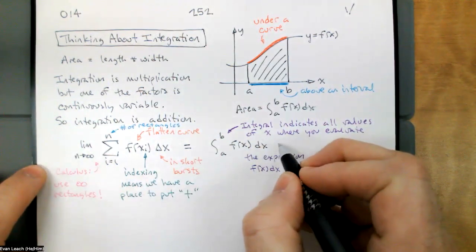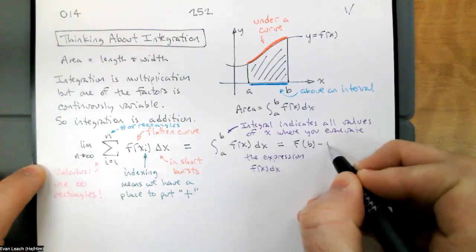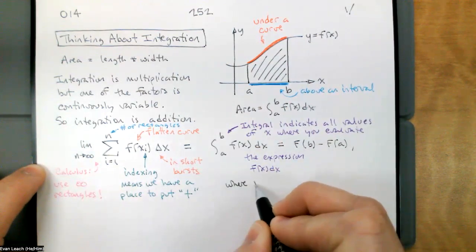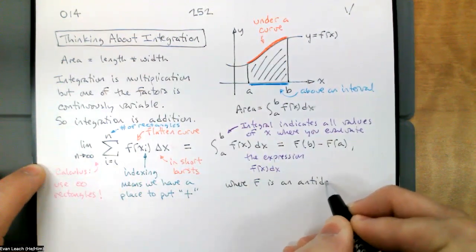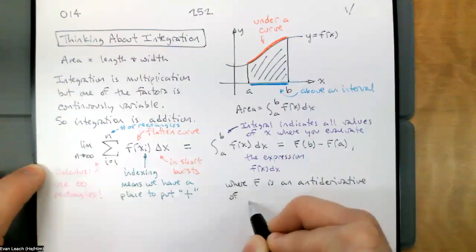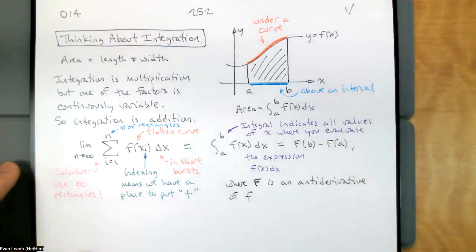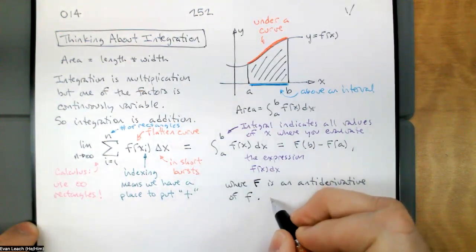So this expression here, according to the fundamental theorem of calculus, is capital F at B minus capital F at A, where capital F is an antiderivative of little f. And that's our fundamental theorem of calculus.